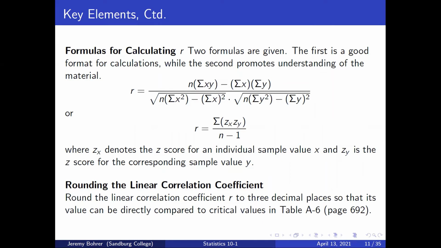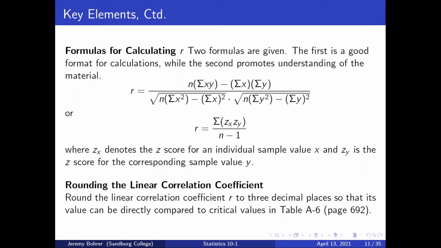The first, R equals n times sigma xy minus sigma x times sigma y over the square root of n times sigma x squared minus sigma x quantity squared times the square root of n times sigma y squared minus sigma y quantity squared, or R equals sigma zx zy divided by n minus 1, where zx denotes the z-score for an individual sample value x, and zy is the z-score for the corresponding sample value y.